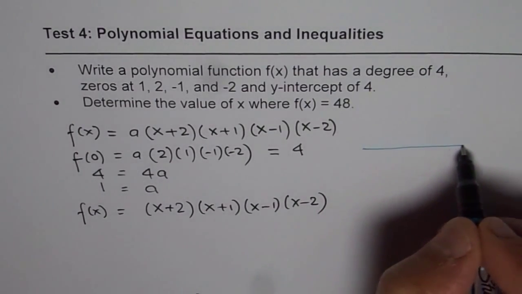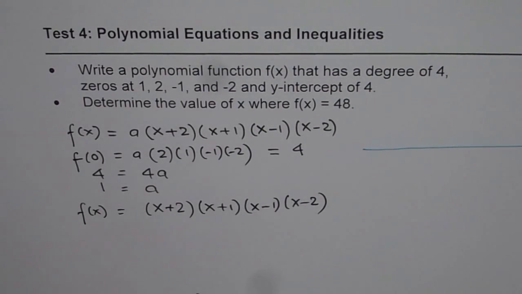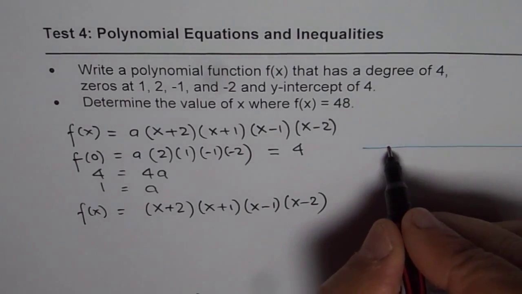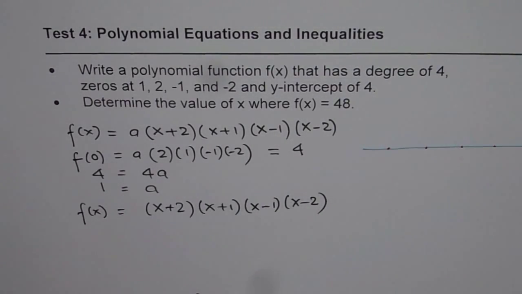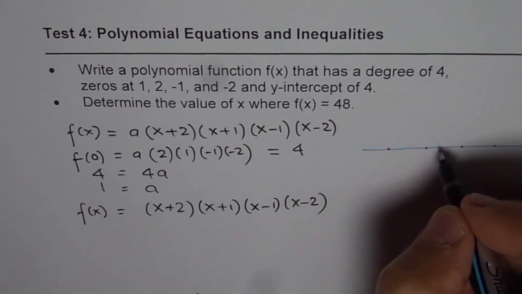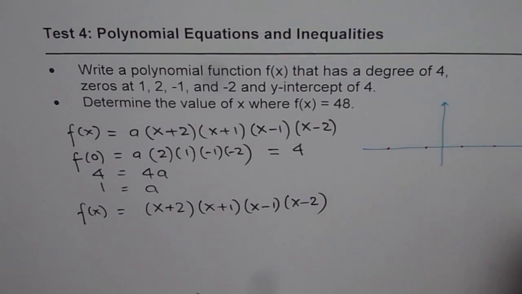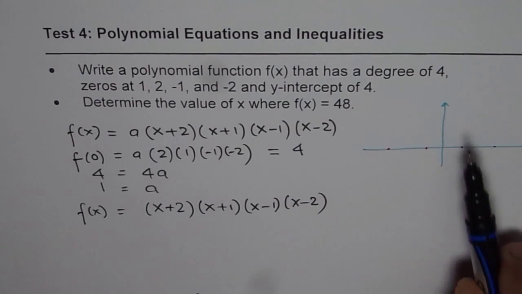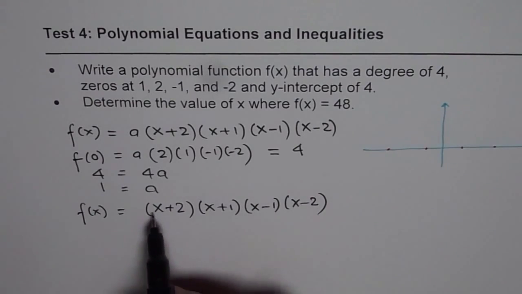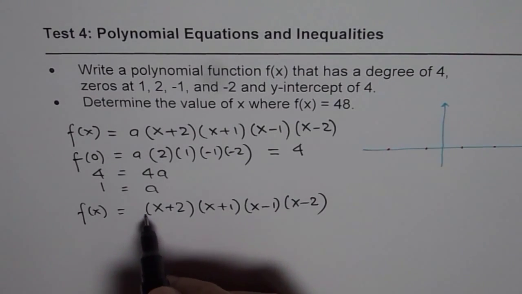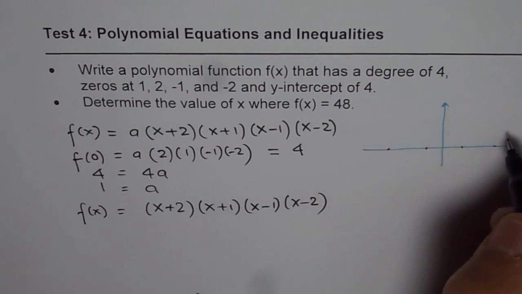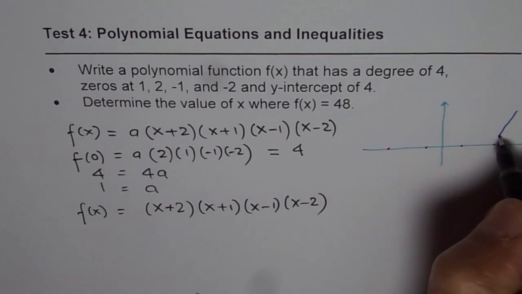Think about it like sketching a graph in your mind or on a piece of paper. We know that the zeros are at minus 2, minus 1, 1 and 2, right? Thinking about it, I can draw the y-axis here, and we know the y-intercept is somewhere there. Since the leading coefficient is positive and the degree is 4, both ends go up on the same side, correct? So we can always graph this function like this.